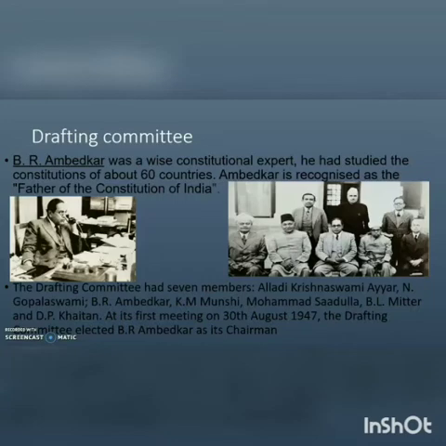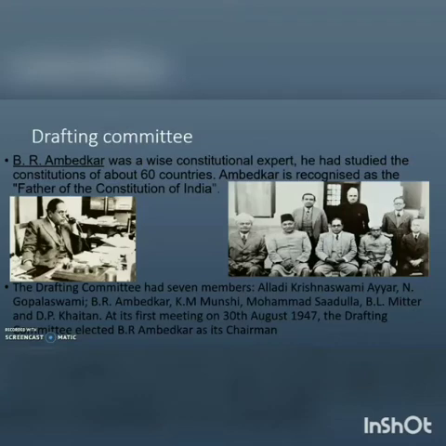Bhimrao Ambedkar was also a wise constitutional expert, and look at this: he had studied the constitutions of nearly 60 countries before drafting the Indian Constitution. He took the help of the constitutions of those 60 countries and took important elements from them, and for that sake he is regarded as the father of the Indian Constitution.